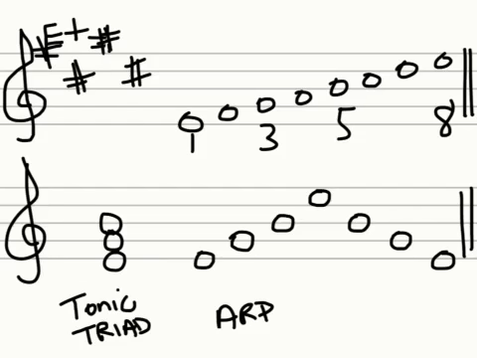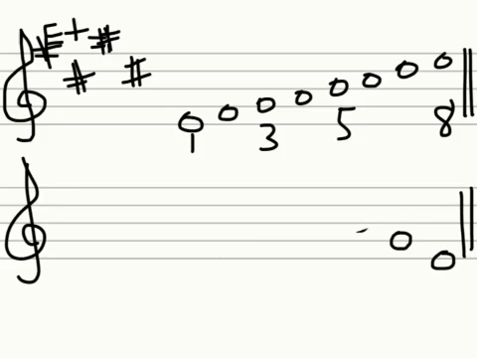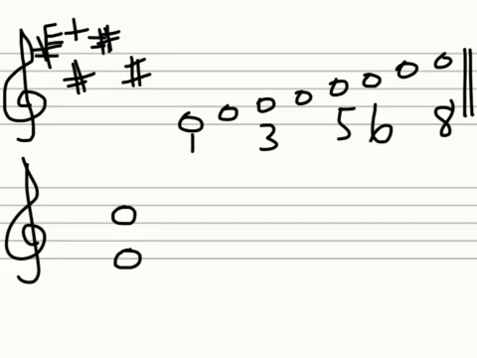Okay. Intervals. Intervals are also taken from the major scale. So if I wanted to write a major sixth starting on E, I'm going from the first note to the sixth note.